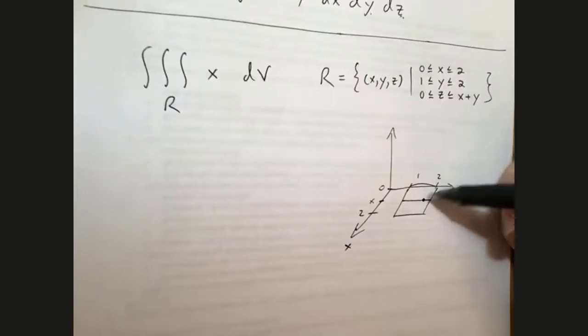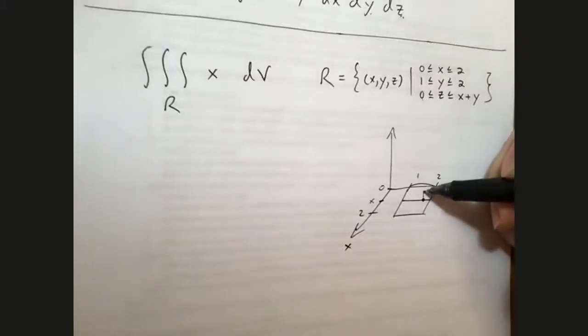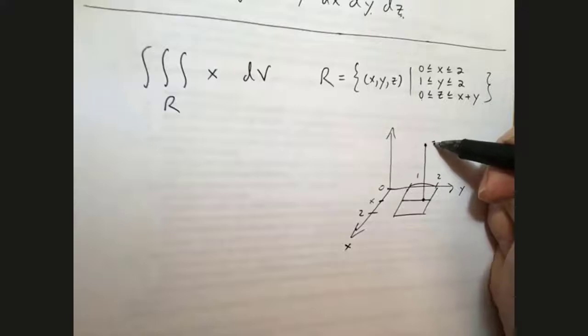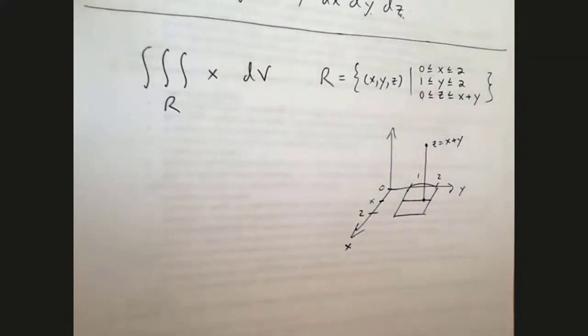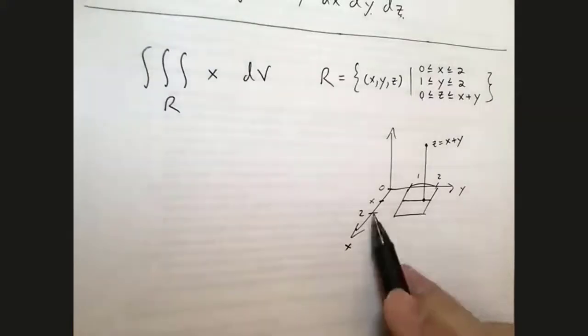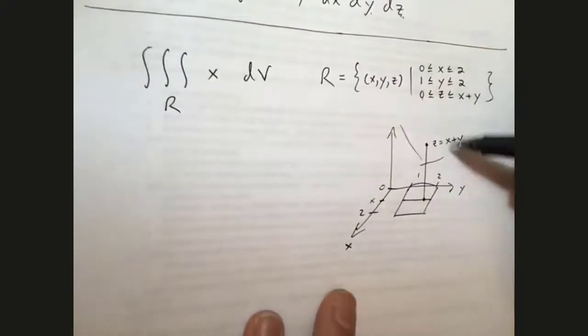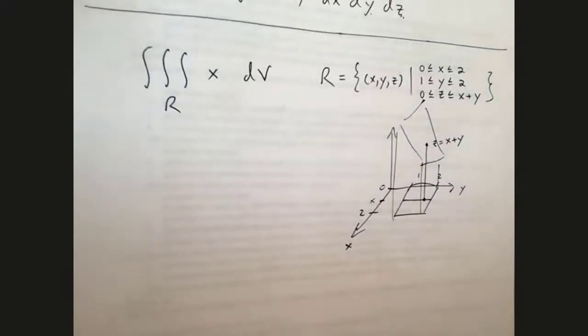So my z is going to go from 0 to x plus y, and that's going to change depending on what my x and y values are. So I get this kind of slanted surface. I don't remember exactly how it was slanting, but I get some slanted surface up there.